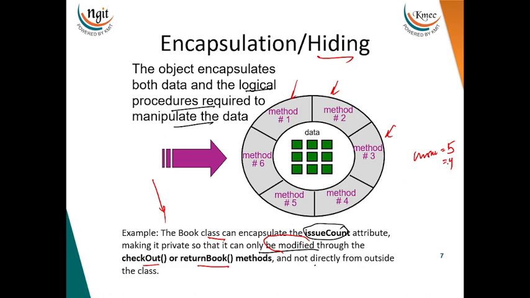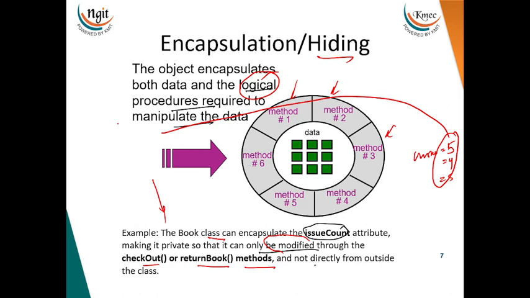If the book is returned again, it becomes 5. This is the manipulation or logical operation, which are called procedures or methods, applied on this data. I hope you got this point.